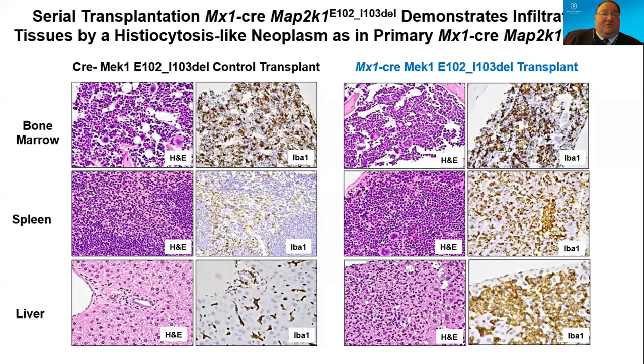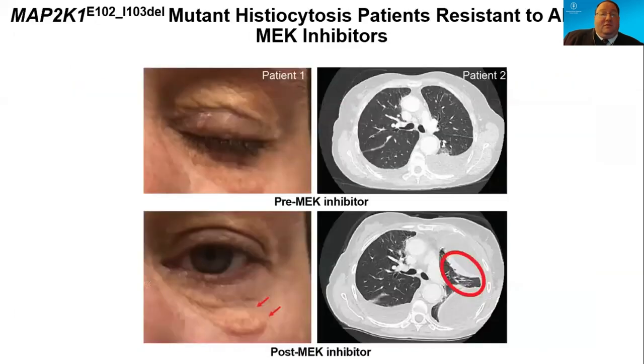And so we also saw major infiltration of EBA1 positive cells within the bone marrow, spleen, and liver of the MX1 Cre MEK1 mutant transplanted mice compared to the Cre negative control mice that received Cre negative MEK1 mutant bone marrow, showing very similar features to what we saw with this histiocytosis-like myelomonocytic neoplasm developing in the primary MX1 Cre MEK1 mutant mice.